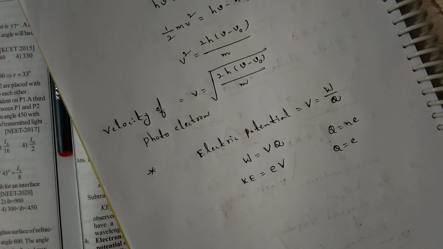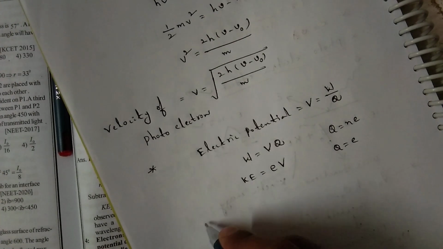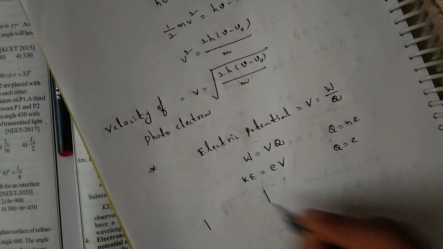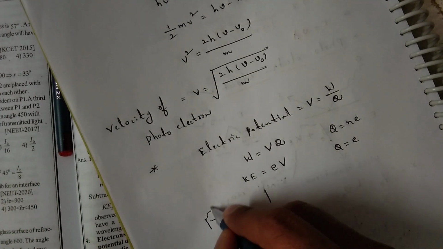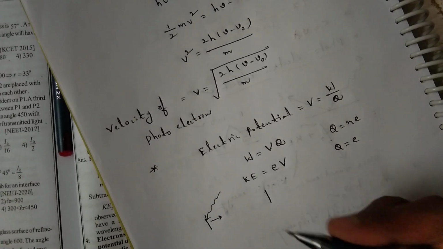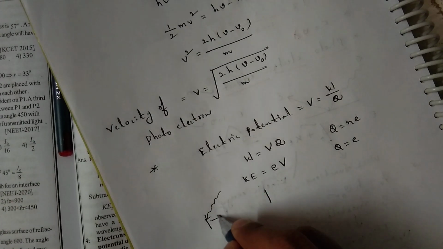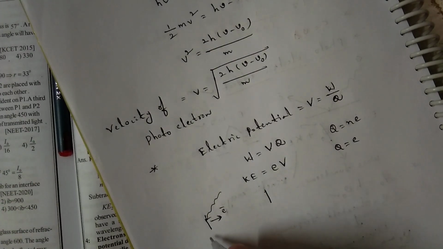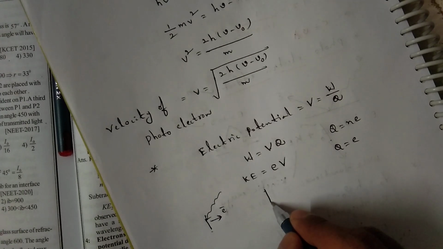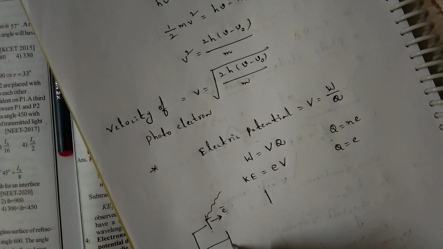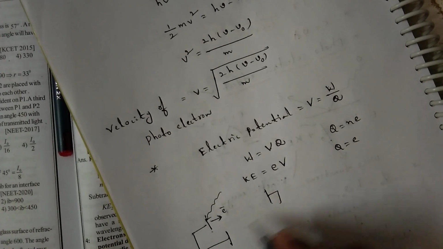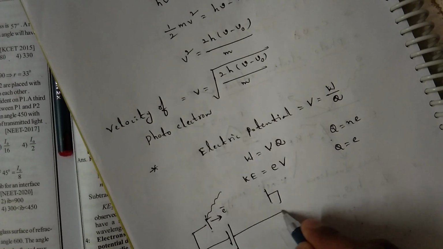If you increase the negative potential, what happens? And this is the cathode and this is the anode. From the cathode, electrons are released. When the radiation is incident onto the cathode, then electrons are released. These electrons can be attracted by the anode. Why? Because this cathode is at a negative potential, and this anode is at a positive potential.